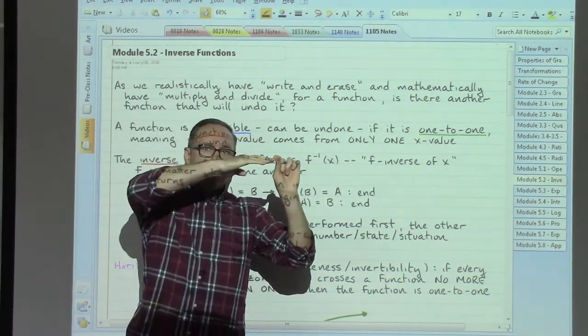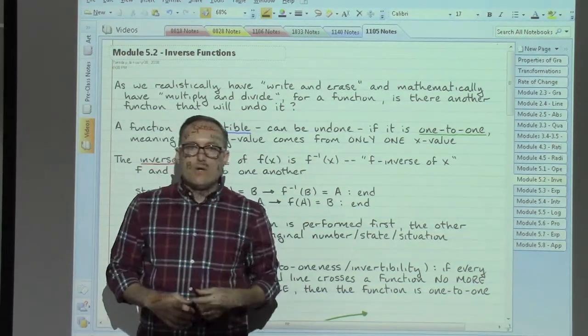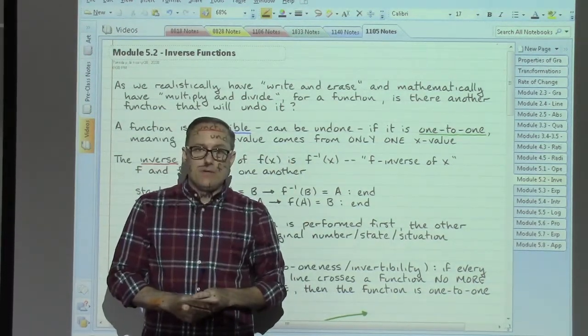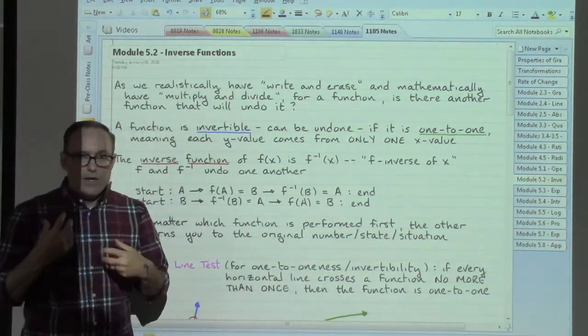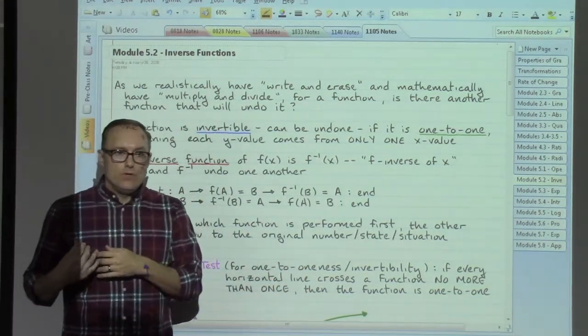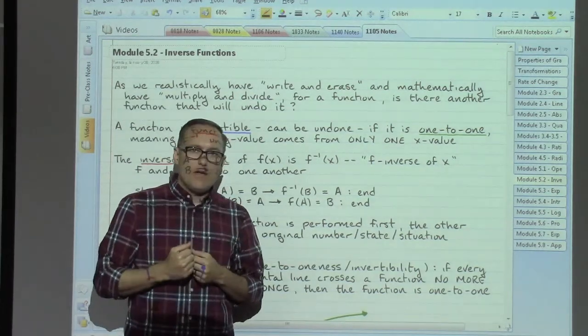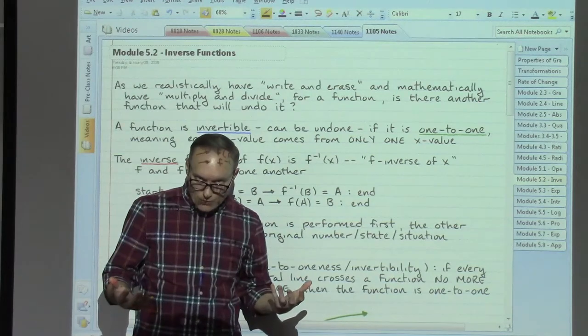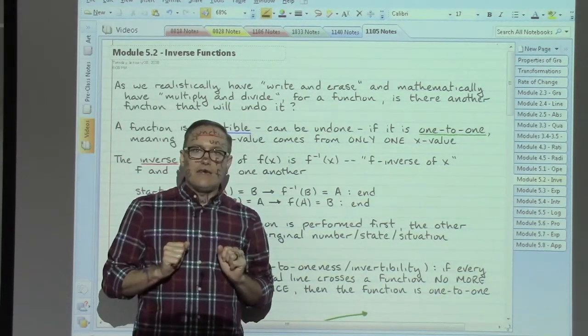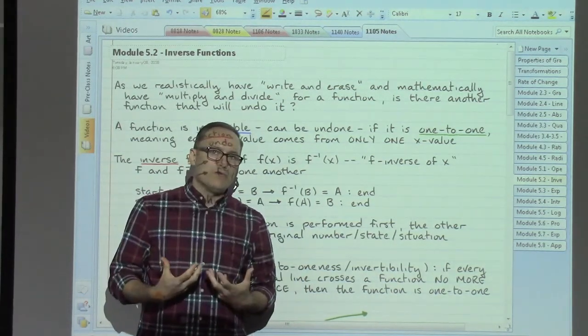One x value goes to one y value. Well, that had to happen, all right? Part of what we've got with functions is an x value going to one y value. An x value cannot go to two different y values. So that's already taken care of because we are already dealing with functions.